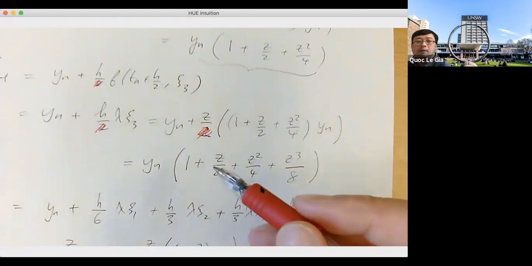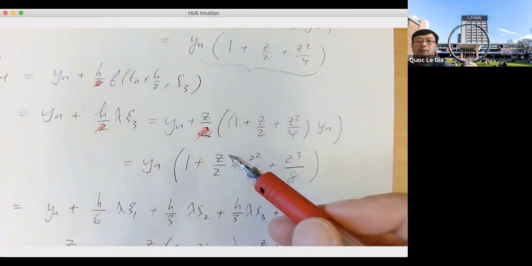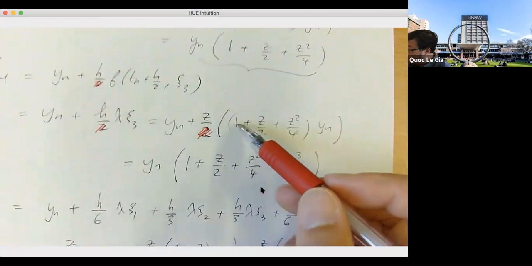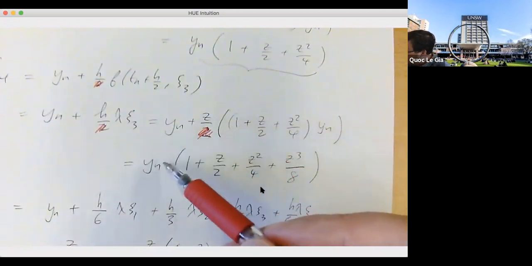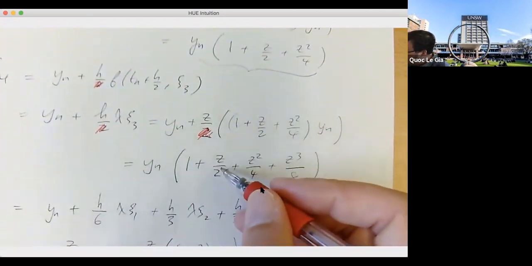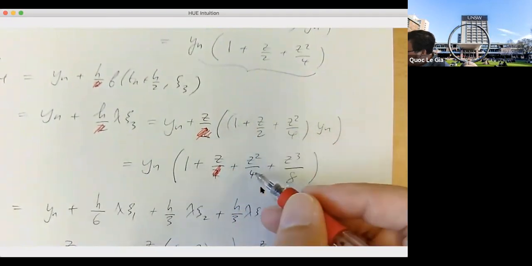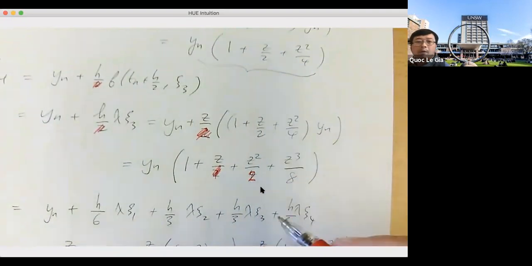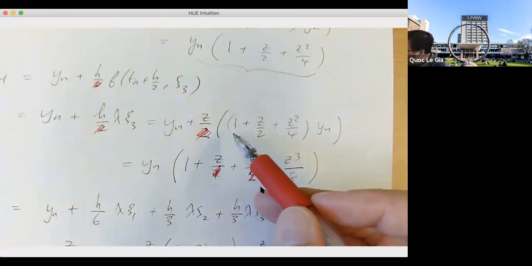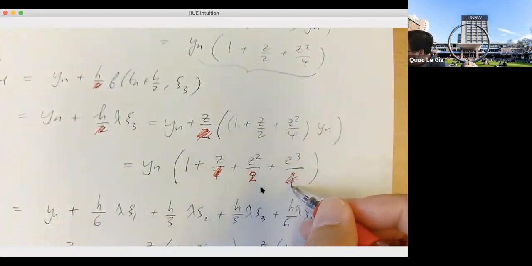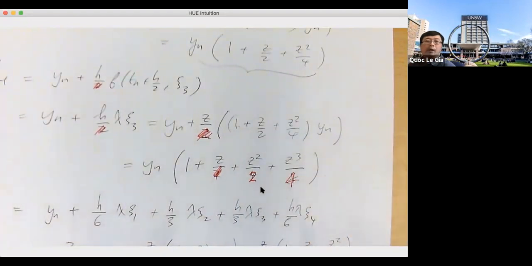So if you multiply in, this is 1, and this one is only z. And this one is z squared over 2. Okay, and this one is z cubed over 4.